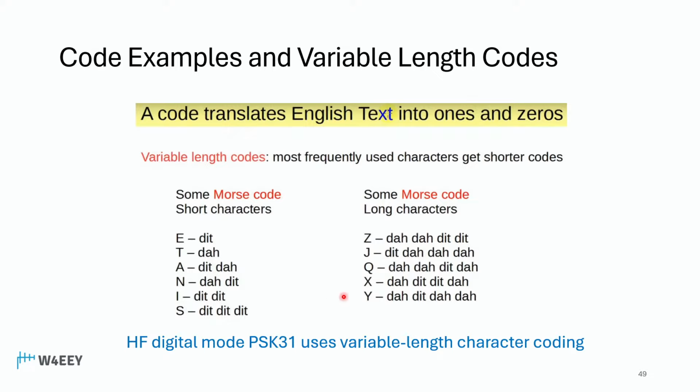Here's the less common ones, and you see that there's many more code elements to describe those letters. We have a digital mode called PSK31 that also uses variable length character coding, where it's sending a shorter series of data characters for the shorter letters.